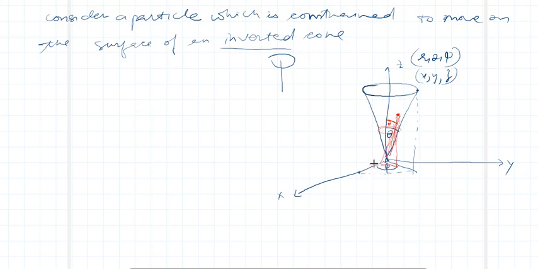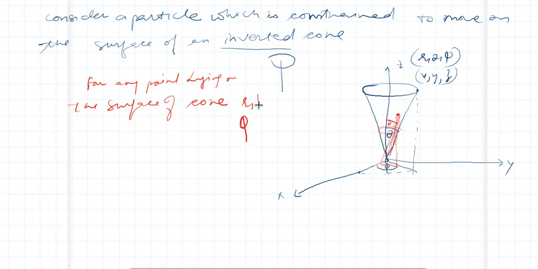So for any point lying on the surface of a cone, r and phi, these two quantities will change, but theta will not change.